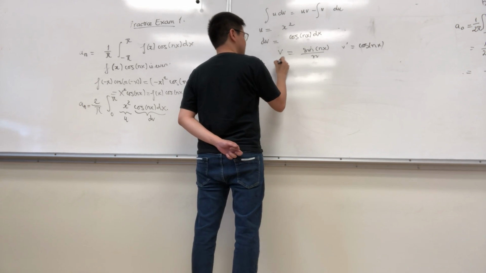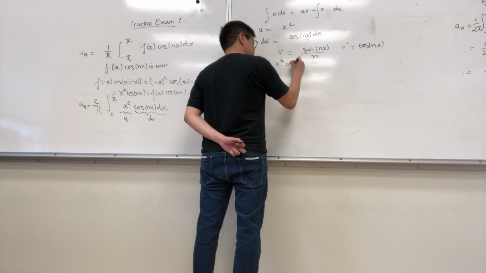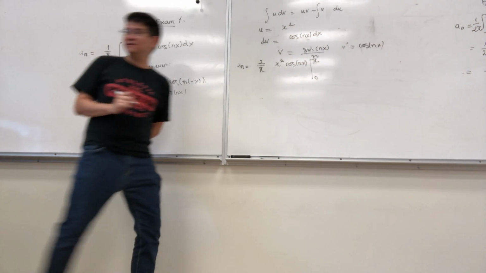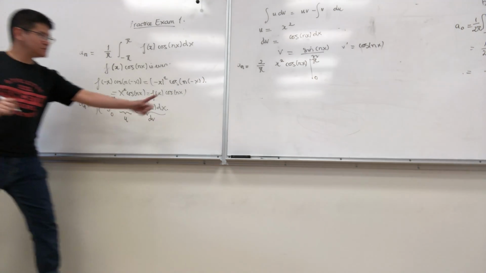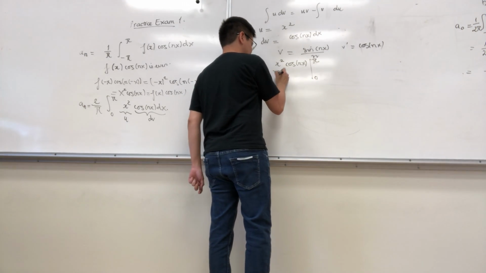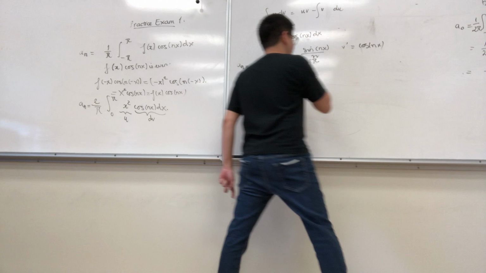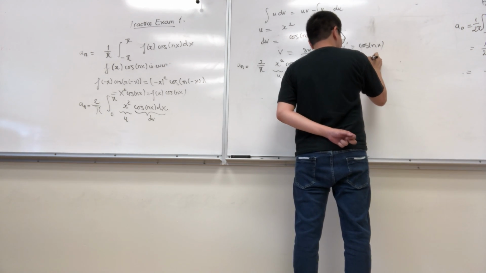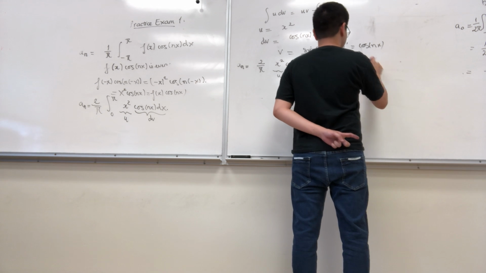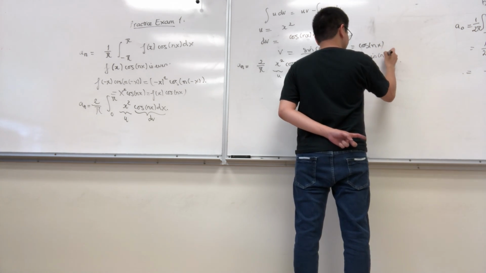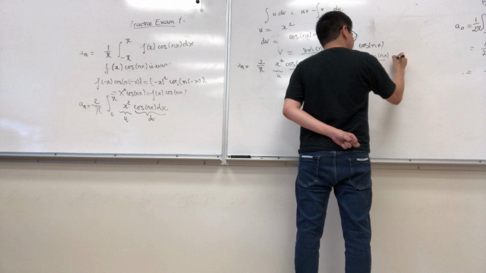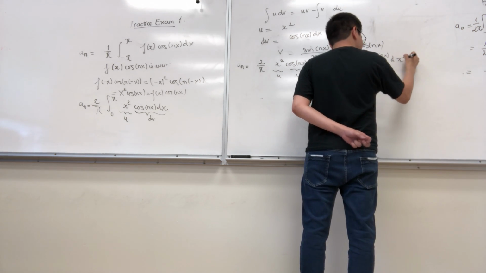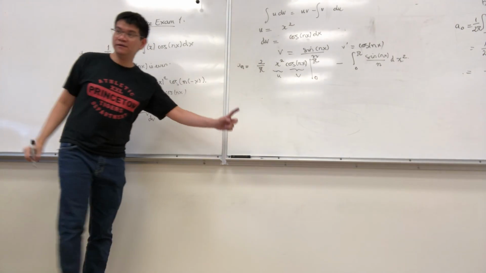So I have uv, so this is x squared cosinus nx. You take the difference between 0 and pi, all right? So this is uv, minus the integral from 0 to pi of v du. So v will be sinus of nx over n, and du will be 2x dx. All right?